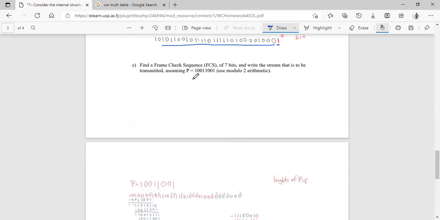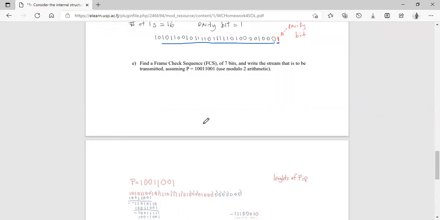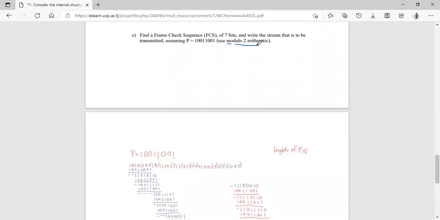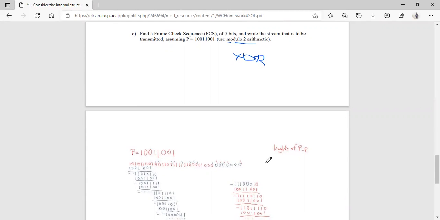The polynomial that we need to use is 1001 1001, and modulo 2 arithmetic needs to be used. Modulo 2 arithmetic is basically the exclusive OR operation, XOR.